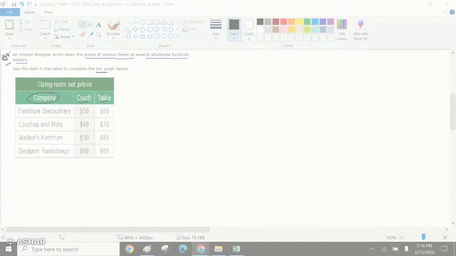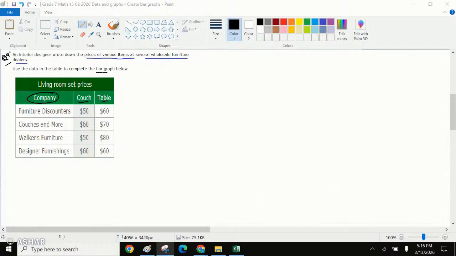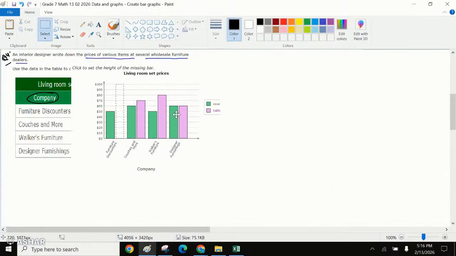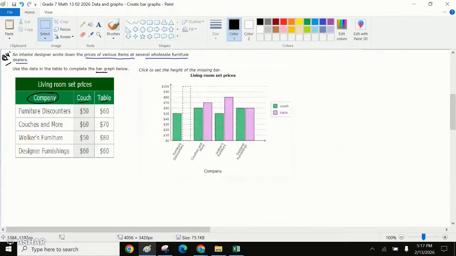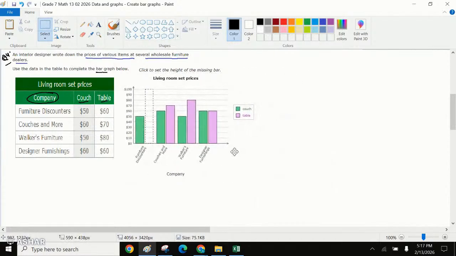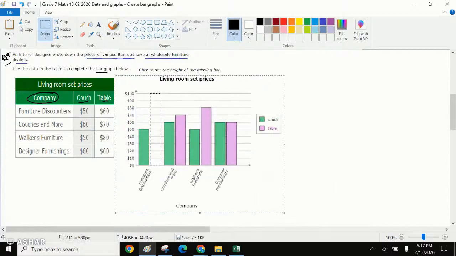Okay. So the given bar graph is this information. This is the information that has been already given to us, showing us the bar graph. Okay, what they are saying is when furniture discounters were there, the couch was 50 and the table was 60.